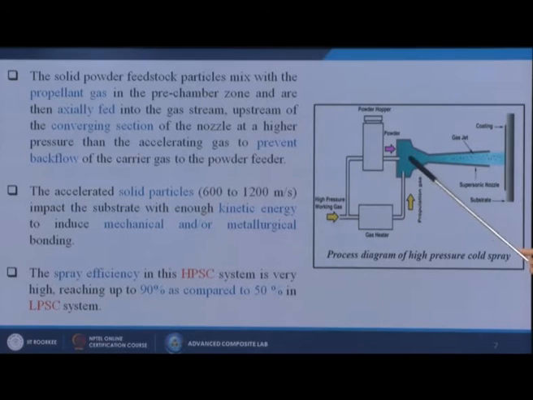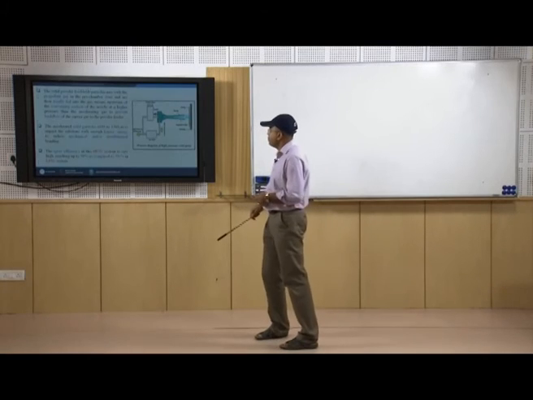Here we are putting a non-return valve so that the powder should not go back into the powder hopper, or that mixture of powder and gas should not come to the gas heater. Then after mixing we allow this mixture of gas and particles to be thrown at high pressure so that it can hit the substrate and make a uniform coating onto the substrate itself.